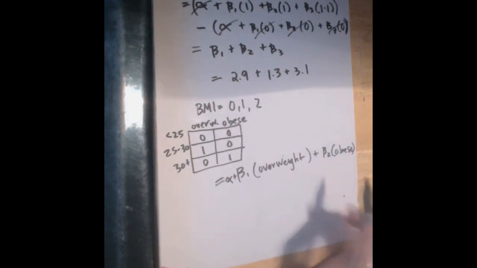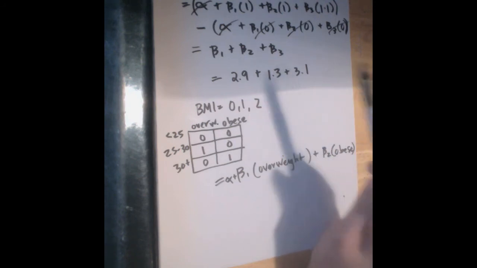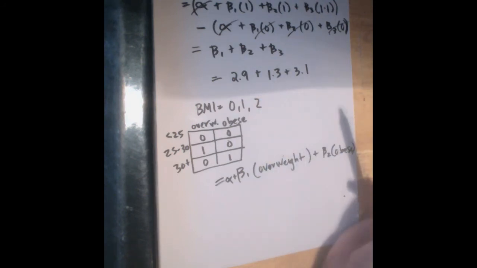You're not going to end up with the nice, clean things that you had in our original equations where you had just beta 2. But what you're doing is looking at the change in risk between someone who is overweight and someone who's obese. So typically you would do the obese subtracting the overweight, since that's the lower risk category.